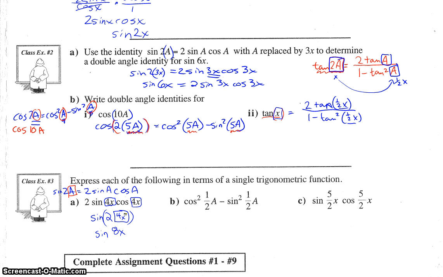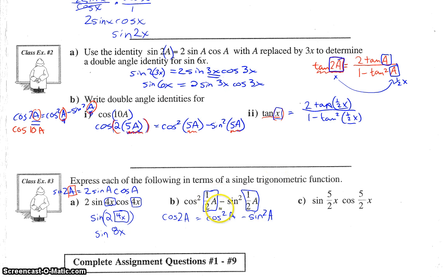Okay, let's look at b. Circle your angle, what's in there, and then see if you can figure out which identity on your formula sheet this is similar to. We have cos squared minus sine squared. On your identity sheet, that is basically cos 2a equals cos squared a minus sine squared a.